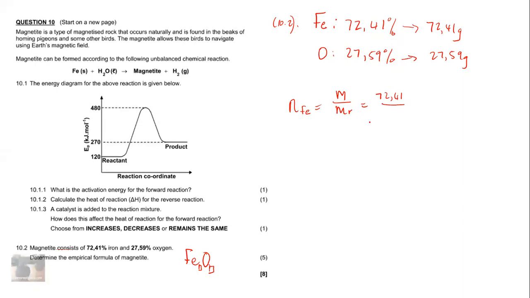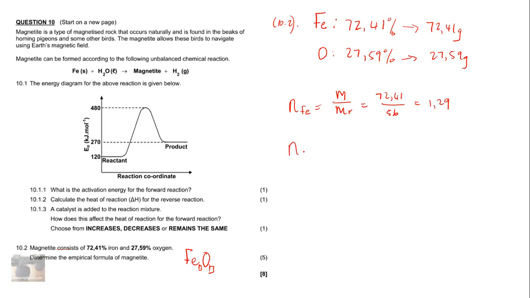Let me check my periodic table here. It's 56. So here we're going to write 56, and therefore 72.41 divided by 56, to 2 decimal places, I get 1.29.